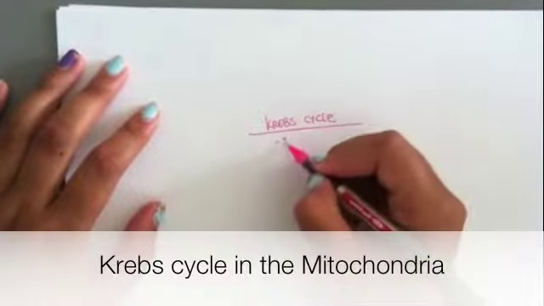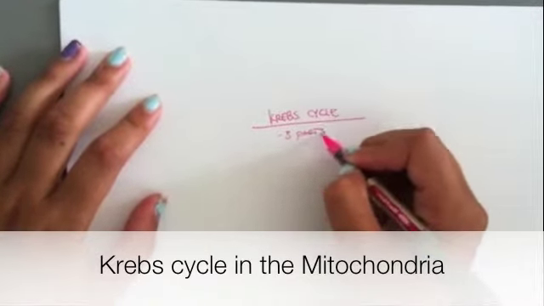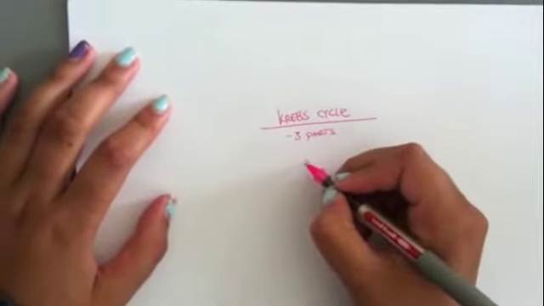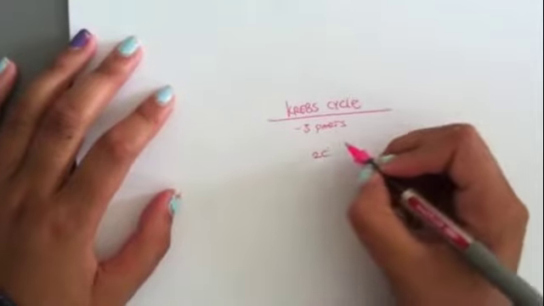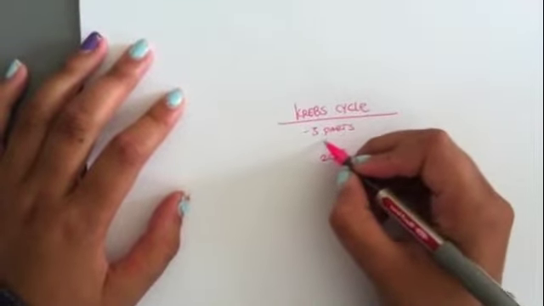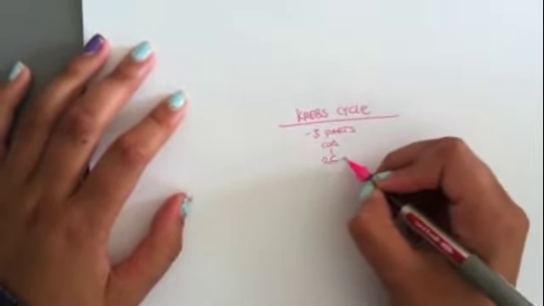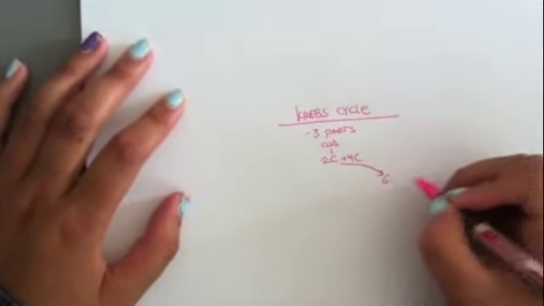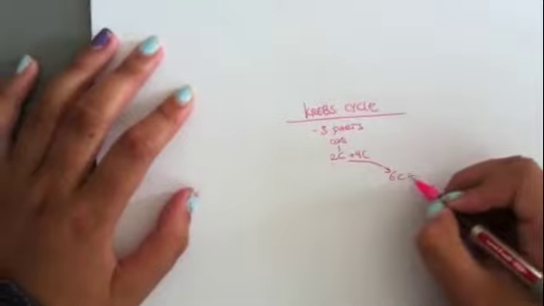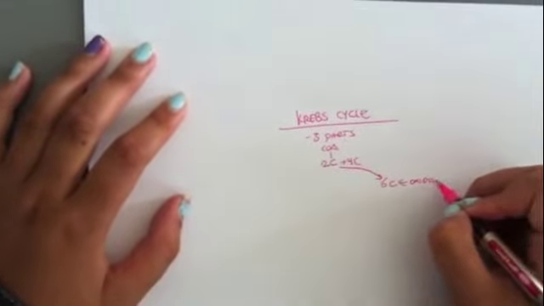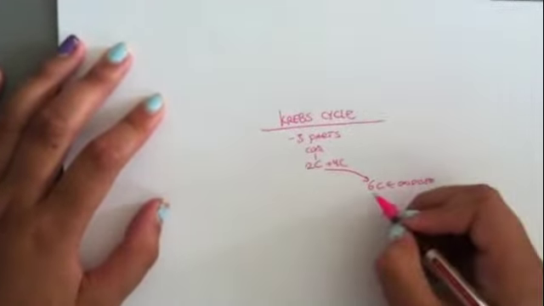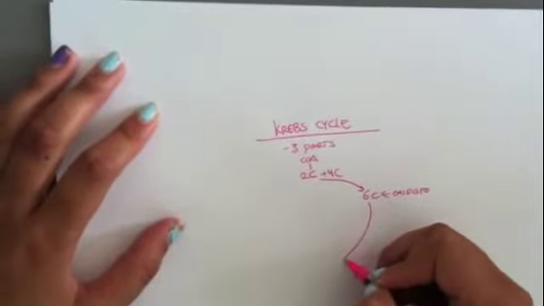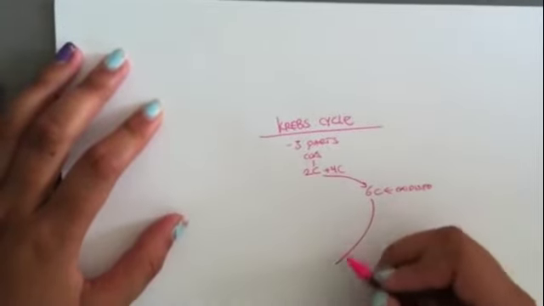The Krebs cycle has 3 parts. In the first part, the Krebs cycle begins when a 2-carbon fragment is transferred from acetyl CoA to a 4-carbon molecule. In the second part, the resulting 6-carbon molecule is oxidized. A hydrogen is removed to form NADH and it is decarboxylated, a carbon removed to form CO2.